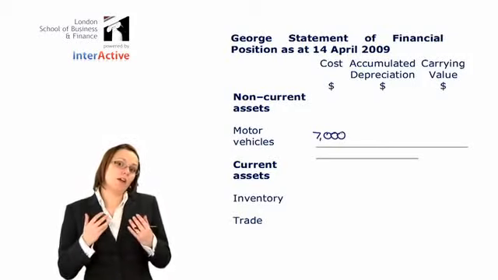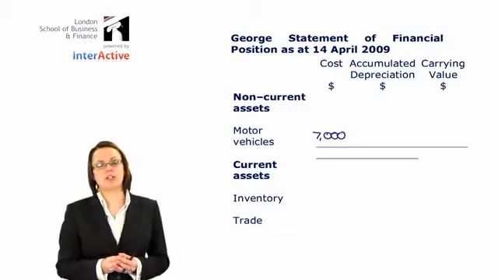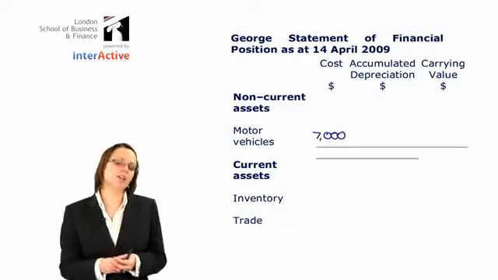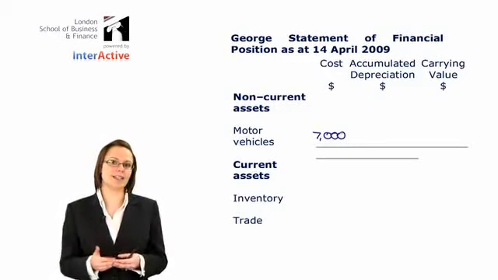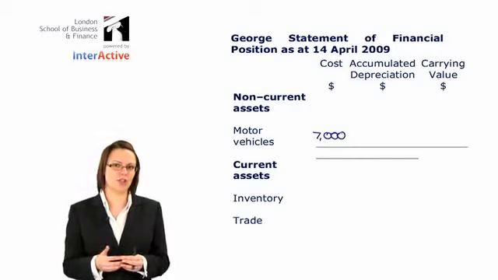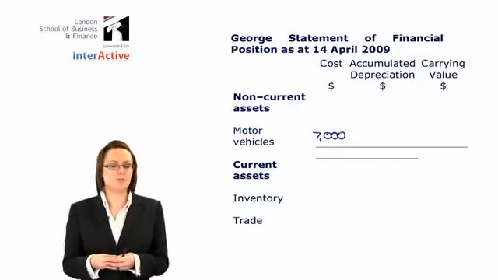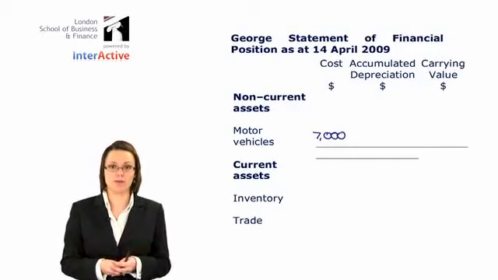Now, our next column is accumulated depreciation, and we're not really going to deal with that now. It's only been 2 weeks that we're accounting for George, so there wouldn't really be any depreciation that we'd need to take account of.